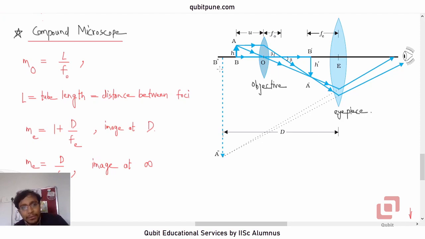The object to be viewed under a microscope, its image is first formed by the objective, and the image that the objective forms acts as an object for the eyepiece, which generally has a larger focal length. The image that is formed by the eyepiece is very similar to the simple microscope, very similar in the working.